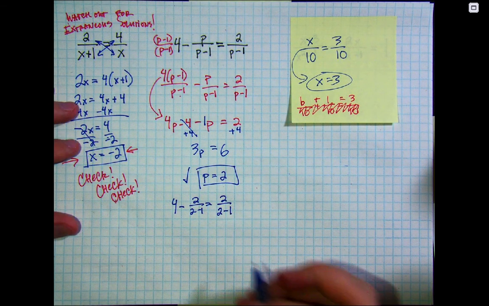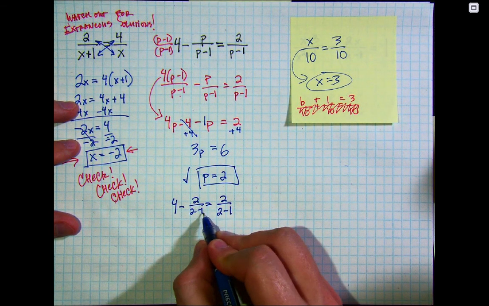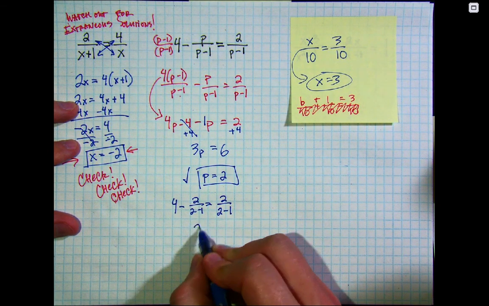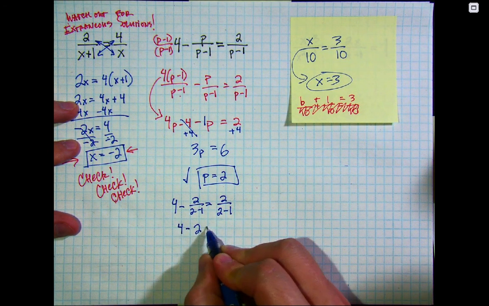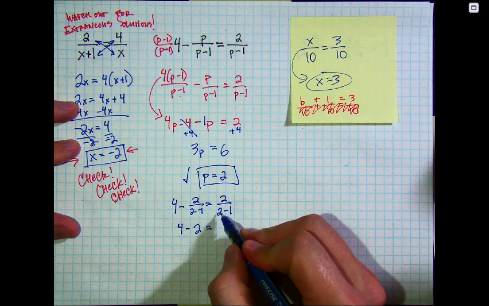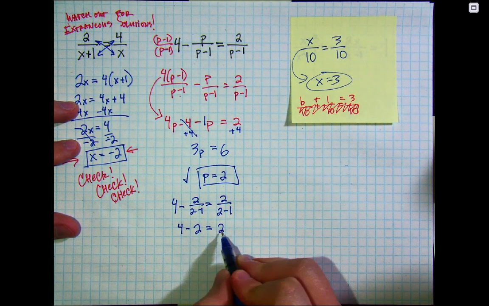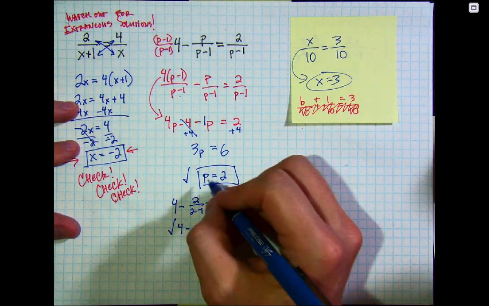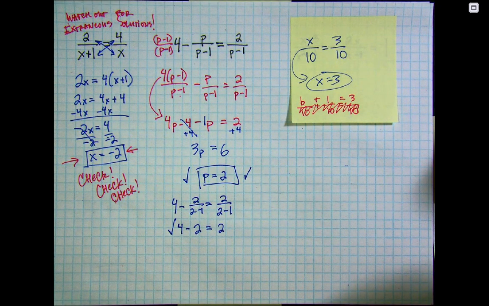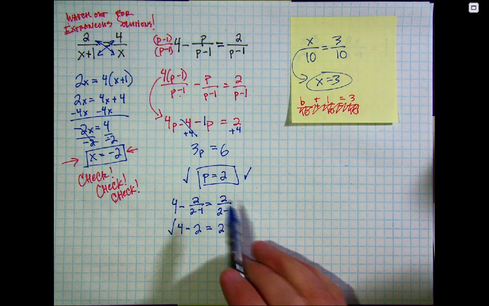So what's 2 over 2 minus 1? Well, 2 minus 1 is 1, and 2 over 1 is 2. So I'm going to get 4 minus 2 equals 2 over 1, which is 2. Does that work? Yes. So now I know, double check, that that answer is totally 100% the correct solution to this rational equation.